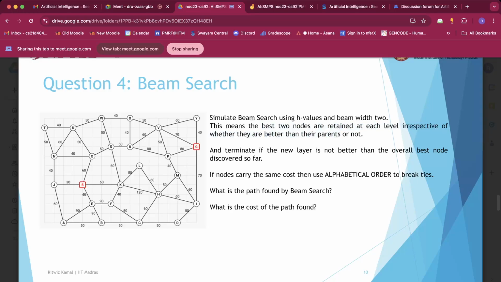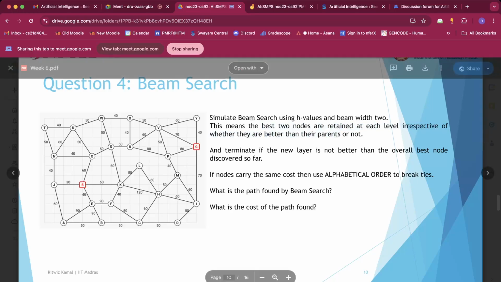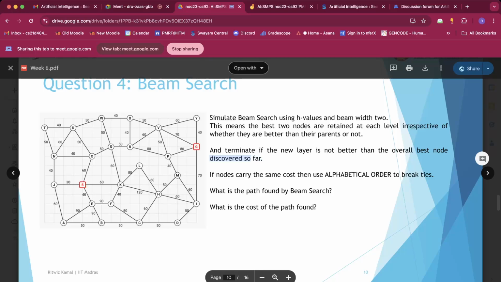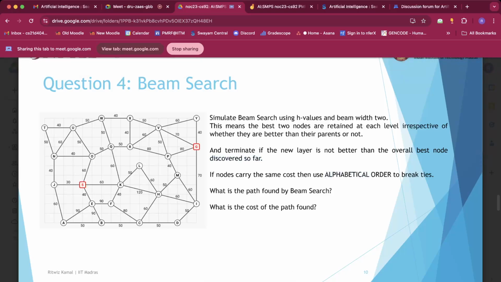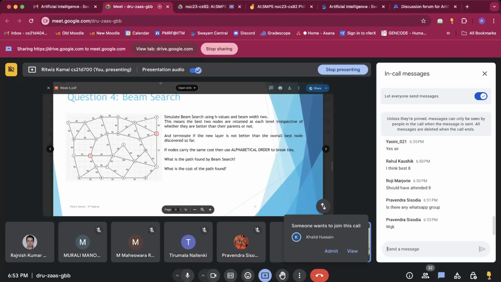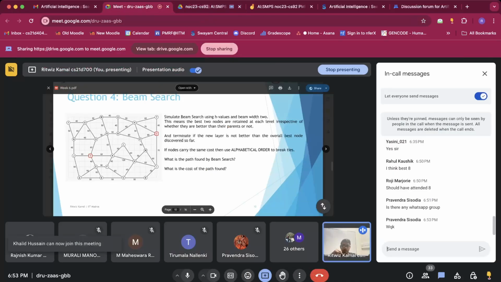We terminate if the new layer is not better than the overall best node discovered so far. We have to break ties in alphabetical order. We have to report the path found by beam search and the cost of the path found. I'll again let you try to solve this by yourself, and then we can discuss the solution.